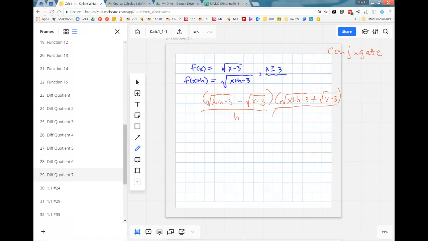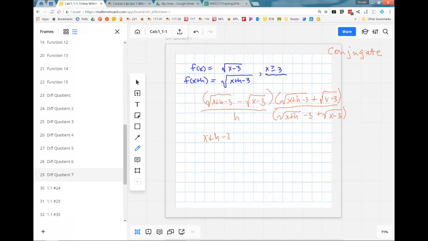And of course, if we do it on the top, we have no choice but to do it on the bottom. Okay, so what happens? When you multiply conjugates, you get the difference of two squares. Well, it's that square root of x minus 3 squared. Goodbye, square root sign.